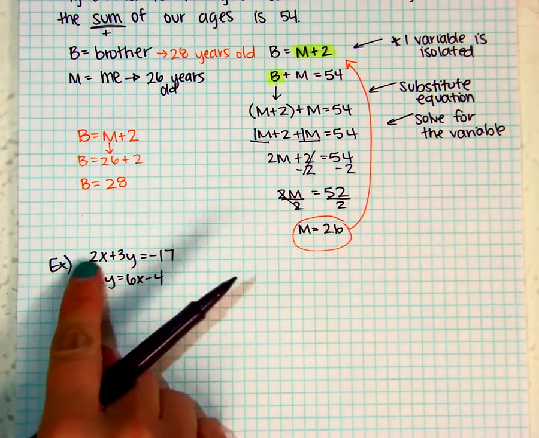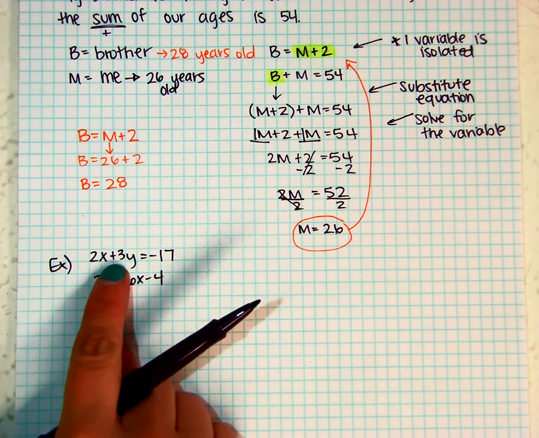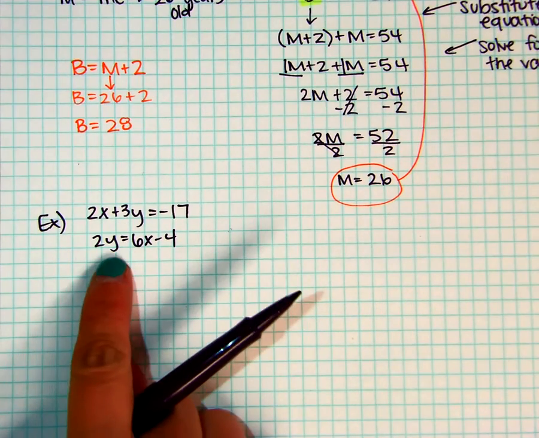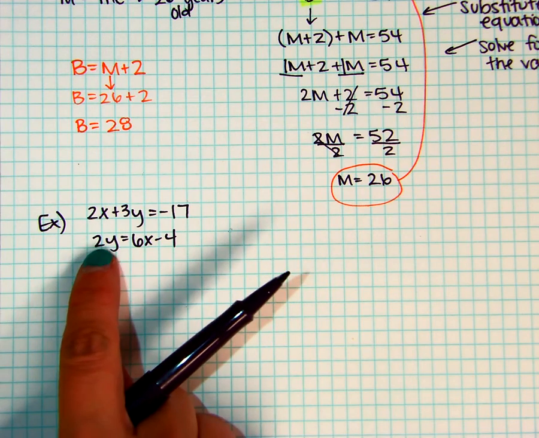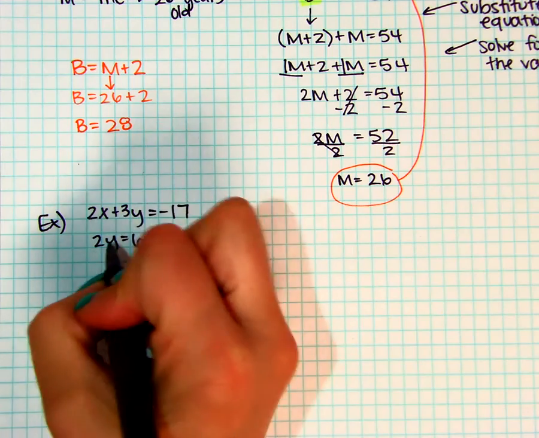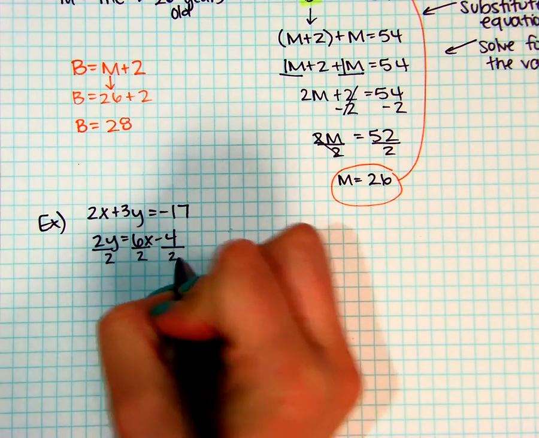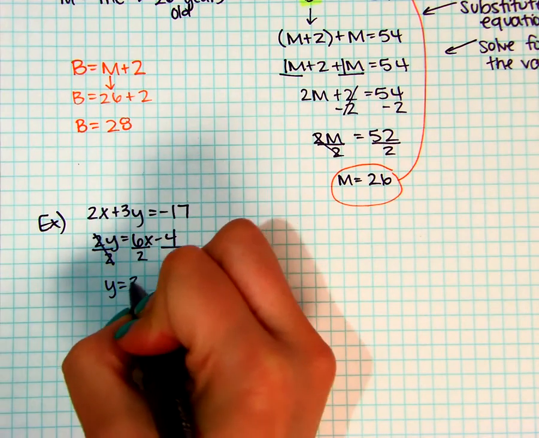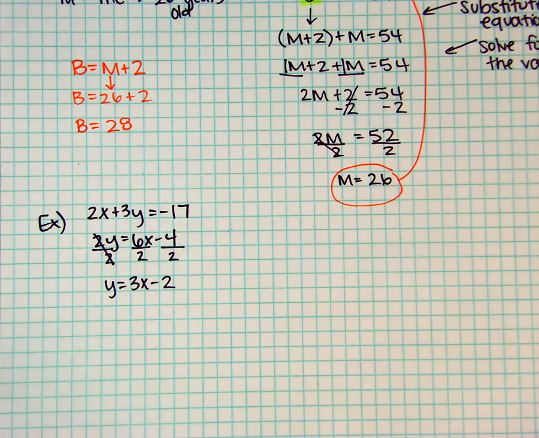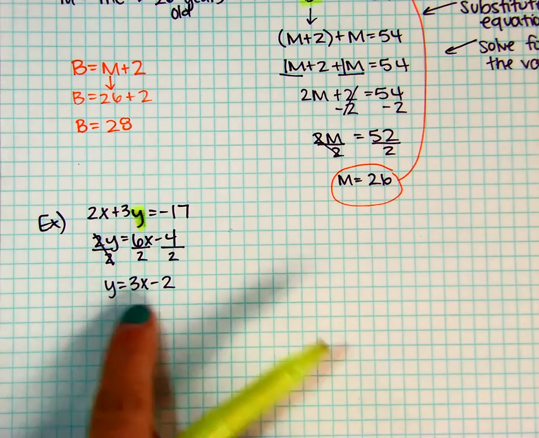This top equation has x and y on the same side and coefficients for both. This bottom equation has y by itself, but it has a coefficient. So what we can do is divide everything by that coefficient, and now I have y equals 3x minus 2. Y is now solved for by itself.